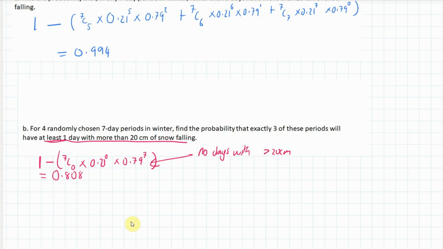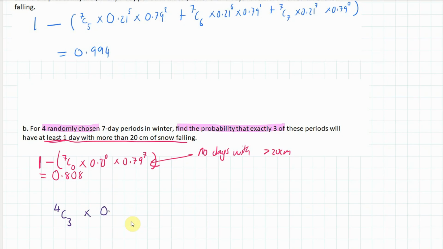Okay, now that's for 1 week. What we want is the probability that exactly 3 of the 4 randomly chosen periods. Now we've got 4 randomly chosen periods, but we're selecting 3 of them. So 4 choose 3, and we want 3 of them to have at least 1 day with more than 20 centimeters of snow falling.